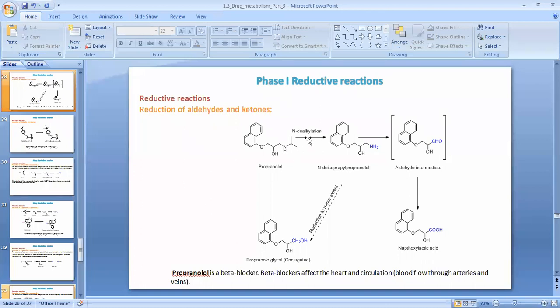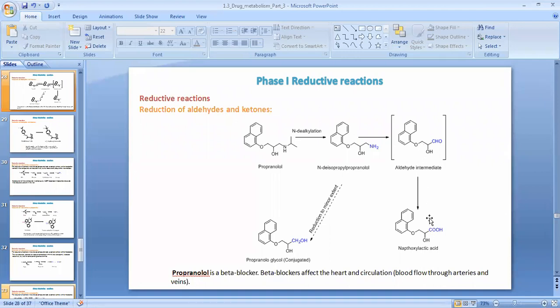After N-dealkylation, it is converted into a primary amine derivative, and the name of that primary amine derivative is desisopropyl propranolol. Now after that, this desisopropyl propranolol will be converted into an aldehyde intermediate, and if this aldehyde intermediate goes for phase 1 oxidation, see, the difference between the two is shown.